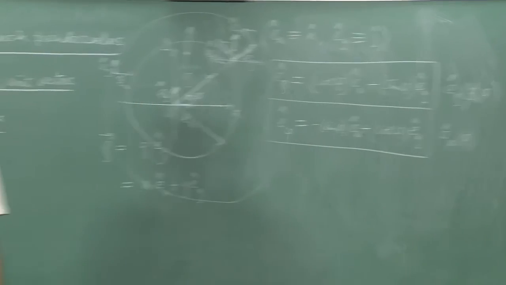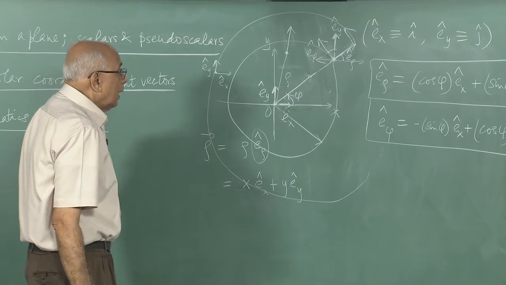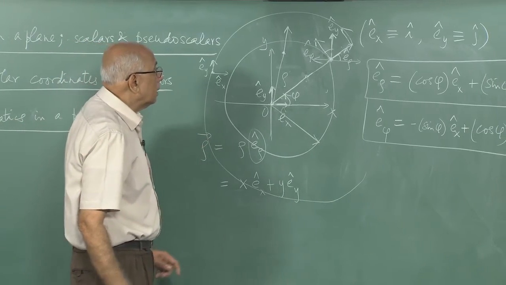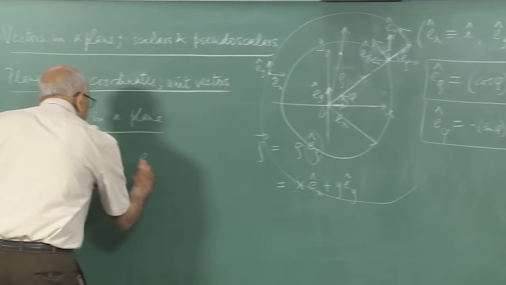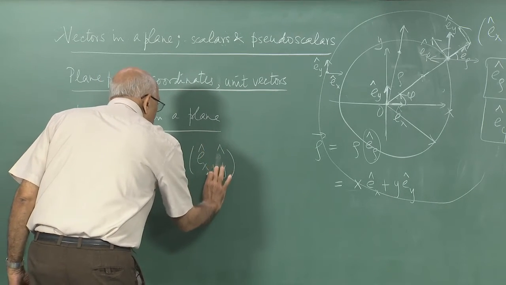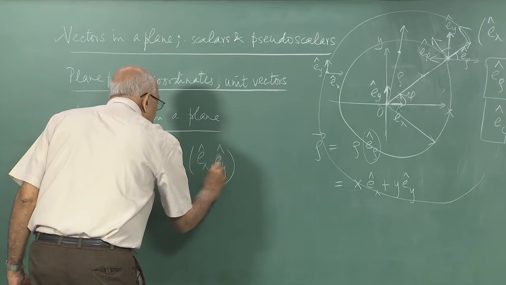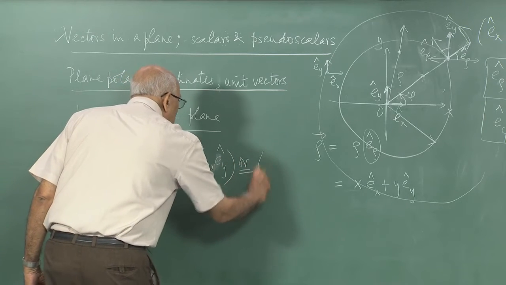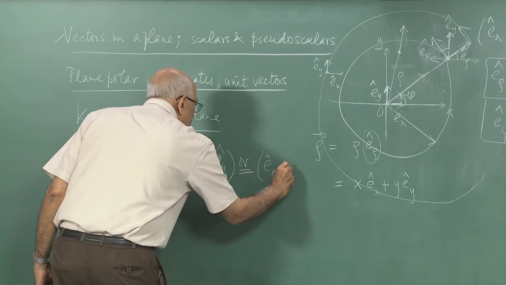So now we can go to work. We have a unit vector system Ex, Ey, and we can use these formulas, or E rho and E phi.